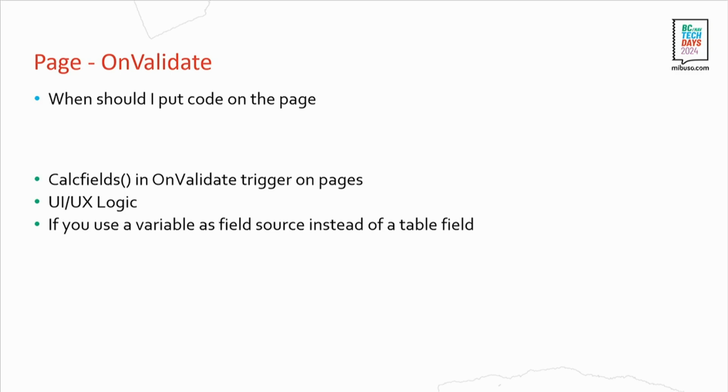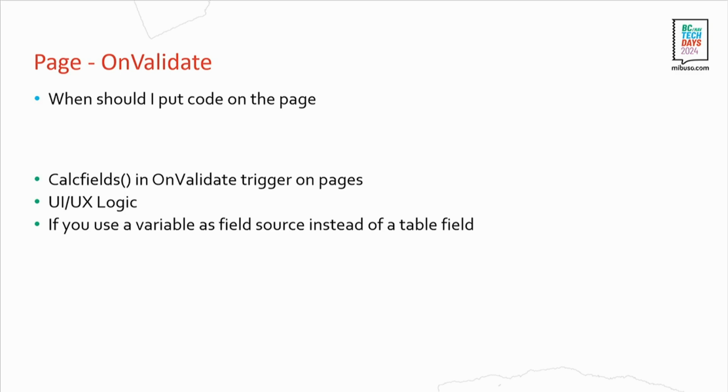So when the user enters the data, the flow field gets updated immediately and the user sees a direct response. That would actually be bad code on the table, because you do not want to calc random flow fields that are maybe not even needed while writing a record. So that's typical page code to improve the user's experience, and that's not needed for code-only execution.